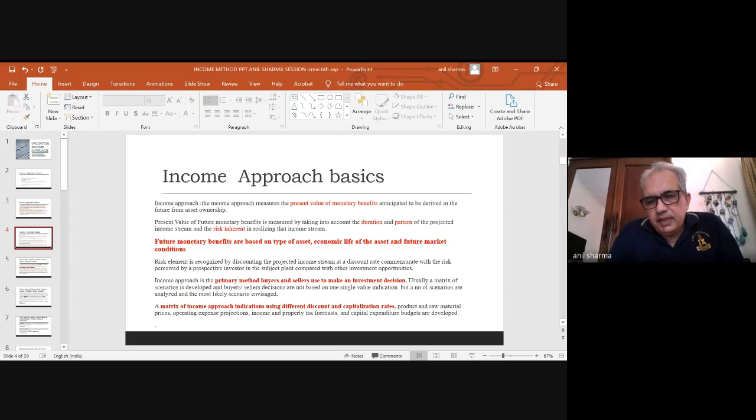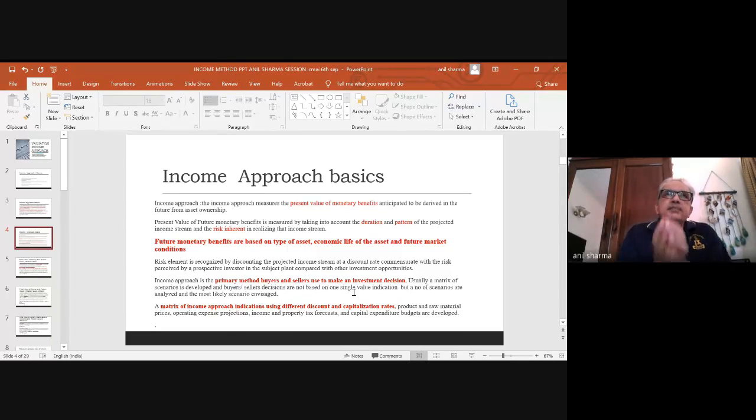This is a very primary method which buyers and sellers use to make an investment decision. They compute the present value of the cash flows arising from the asset, and they discount it by a factor which is a composite rate of return, which covers both types of risks.